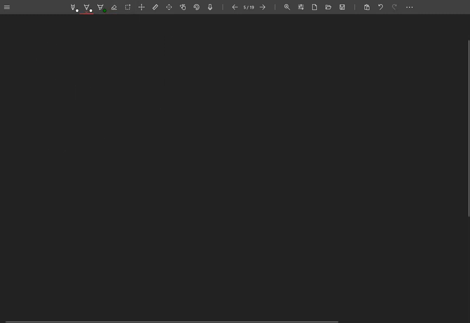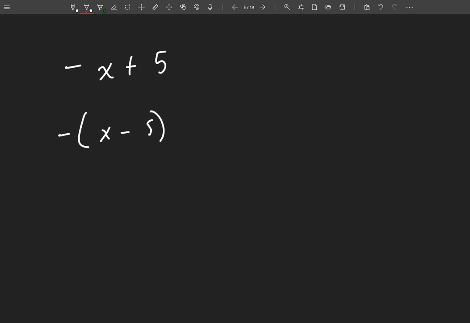So, for instance, let's say you have negative x plus 5. When I pull the negative out, I have x minus 5. Or if I have negative x minus 6, I'm going to pull the negative out, and it's x plus 6. So when I pull the negative out, remember I'm dividing by negative 1, which changes all the signs on the inside.